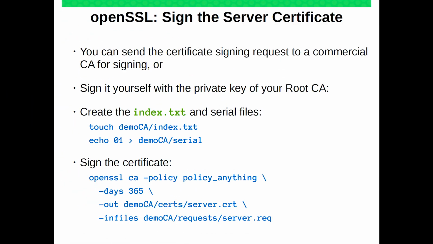Now, after you have sent the signing request to the CA for signing, then you can sign it yourself with your root CA. Now, what does this mean? Well, if you generate a root CA and you're going to need your website available out on the internet, and you need that website to not throw a certificate error, then you take your root CA and you send a certificate signing request, usually to a commercial body, for them to sign.